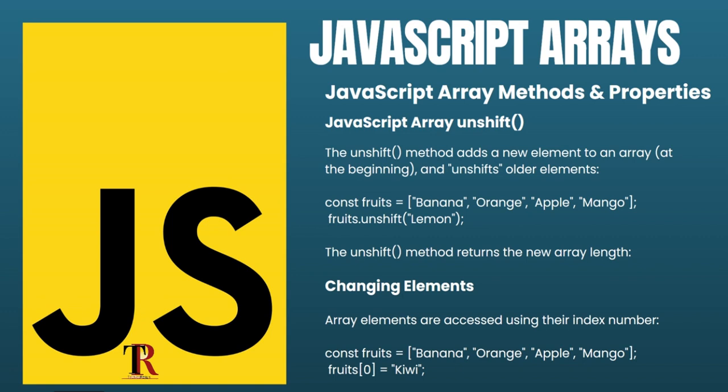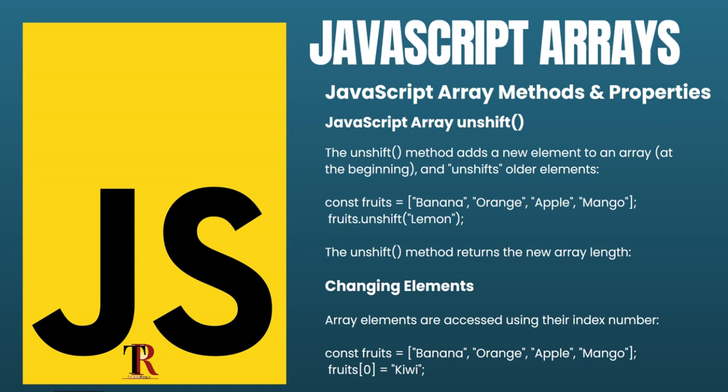In this lesson, we'll continue by talking about another method of working with arrays in JavaScript, which is the unshift array method. The unshift method adds a new element to an array at the beginning and unshifts other elements. So if you want to add a new element at the beginning of an array, the unshift method is how you can do it in JavaScript.